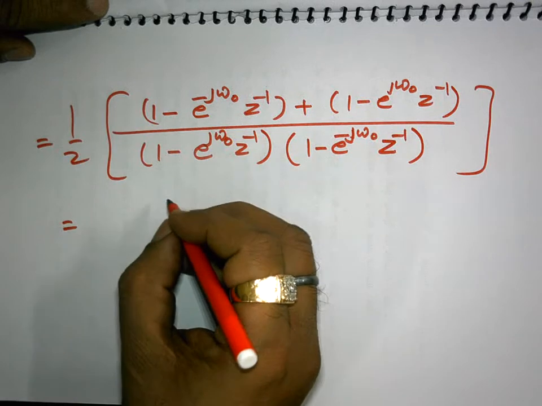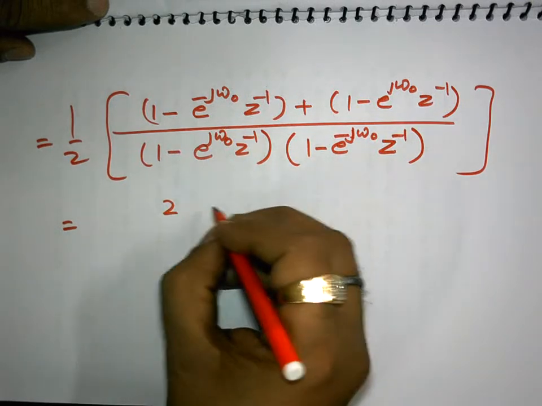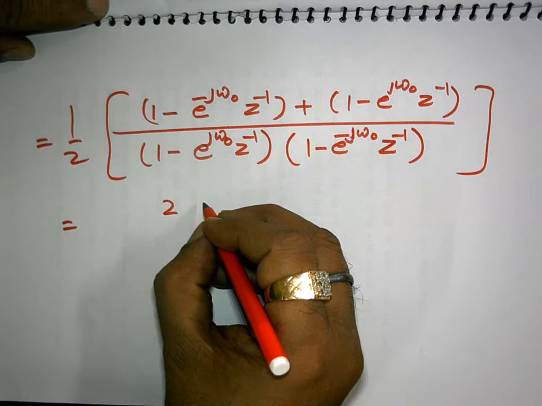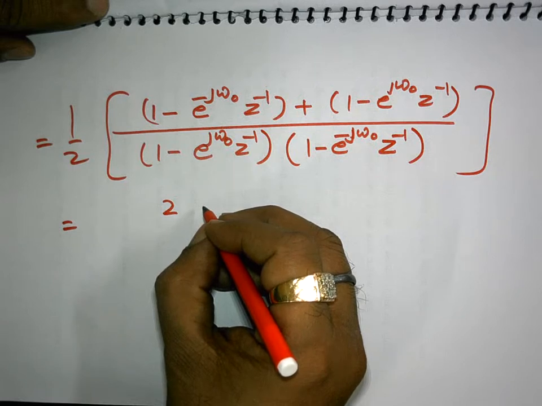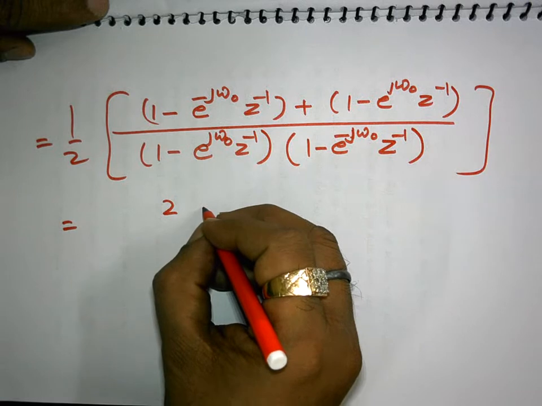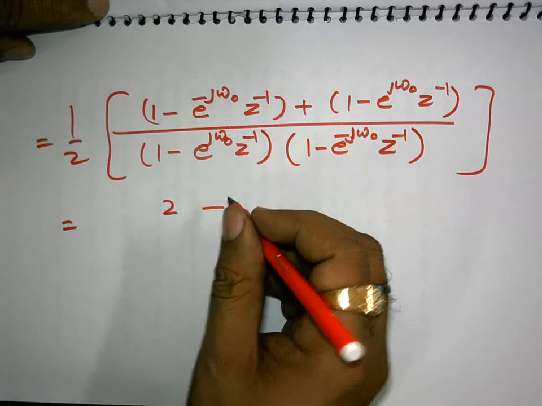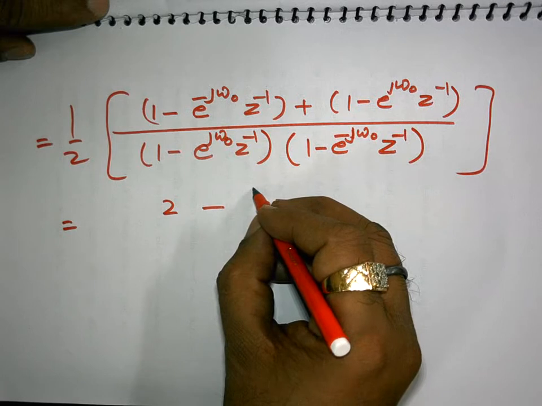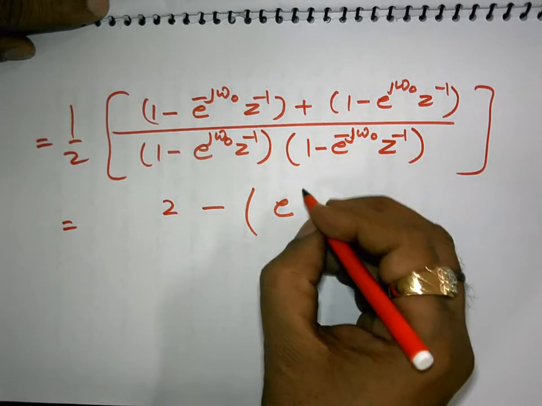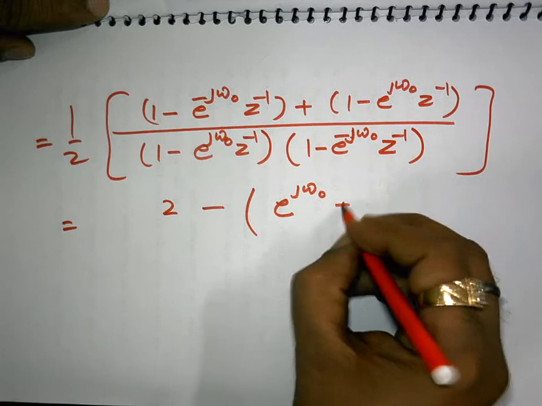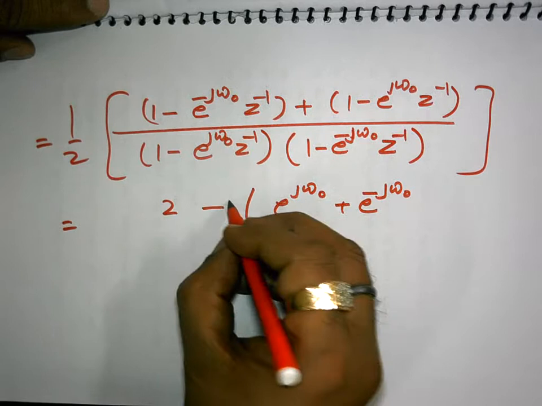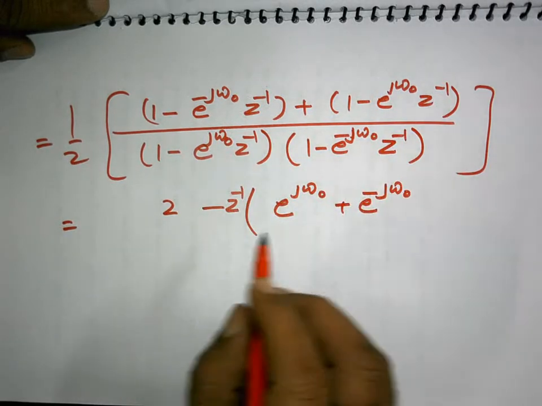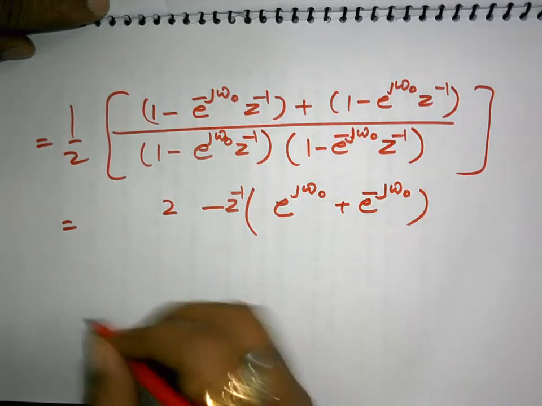So let us open this bracket and do the operation. This will be 2 minus, taking common, e to the power j omega 0 plus e to the power minus j omega 0, and this z inverse. Am I right?